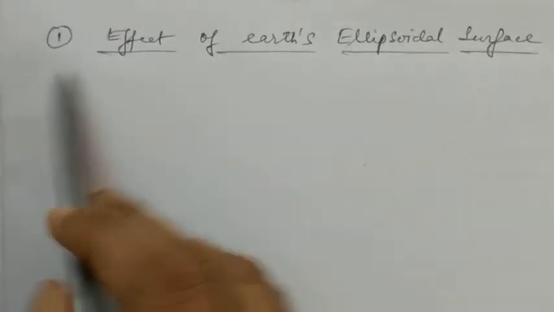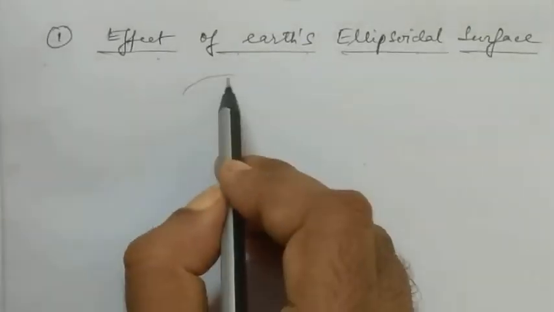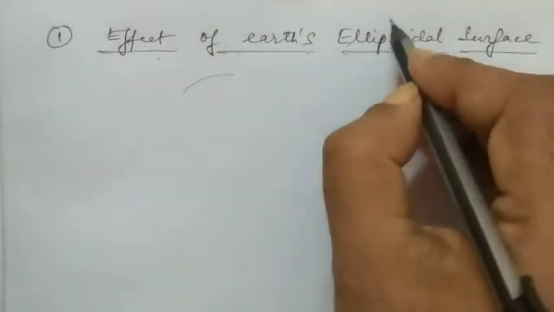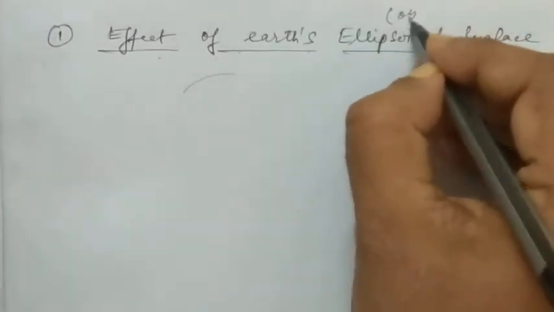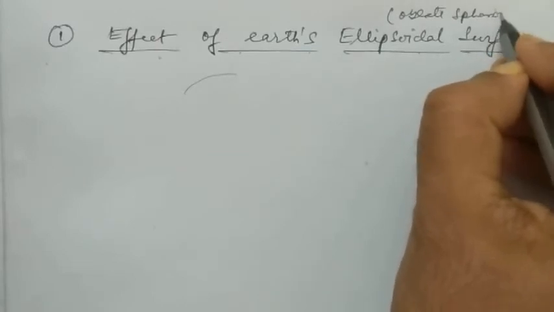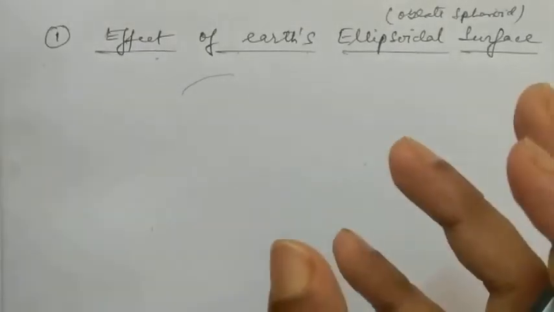Now the first one is the effect of Earth's elliptical surface. As the Earth has an ellipsoidal surface, you can call this surface an oblate spheroid also. The shape of the Earth is like an orange.